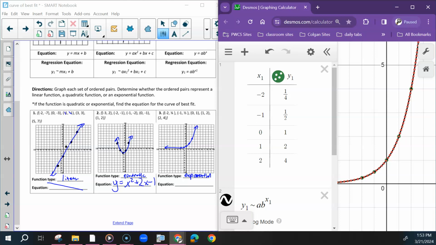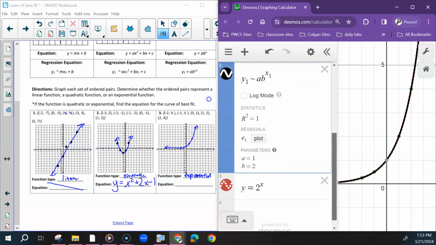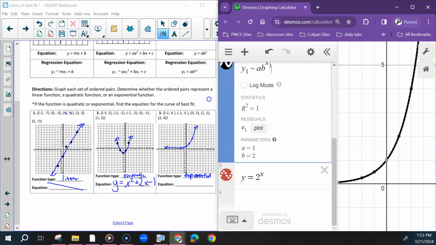Oh, this happens to be the exact same one. Okay, so because the points are already in there and they're the same, I know that this is going to be the equation y equals 2^x.